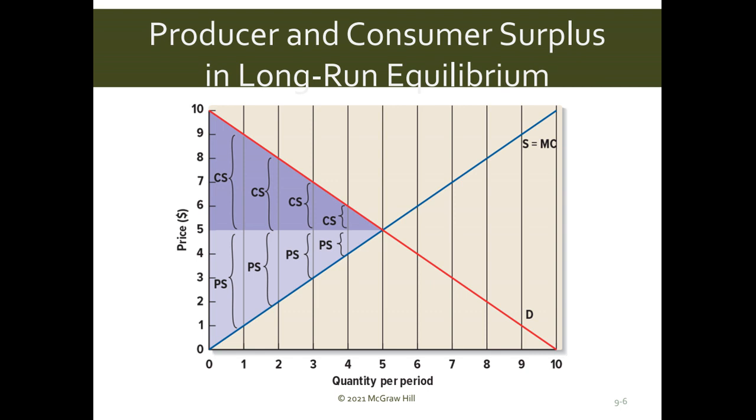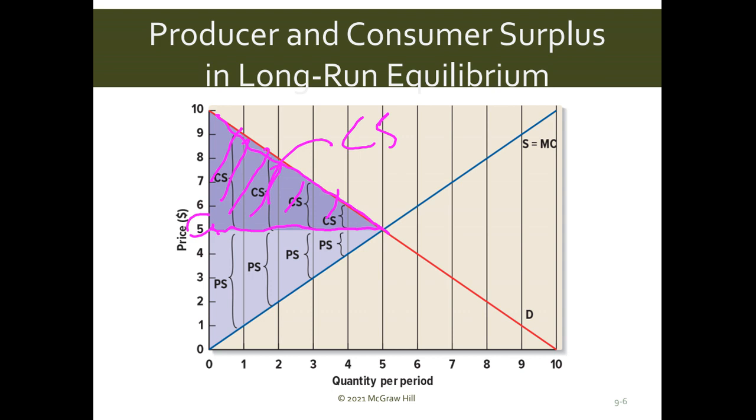This $5 is taken by all firms in this industry, and quantity per period is 5 as well. I don't know how many firms are in this industry, but you can see that at the equilibrium price 5, the area under the demand curve and above the equilibrium price, that is this whole triangle, is called consumer surplus.